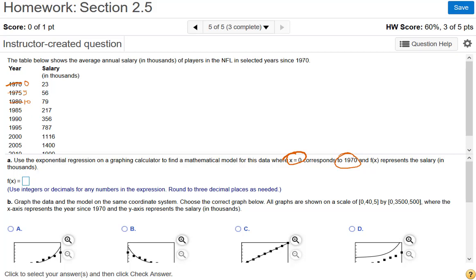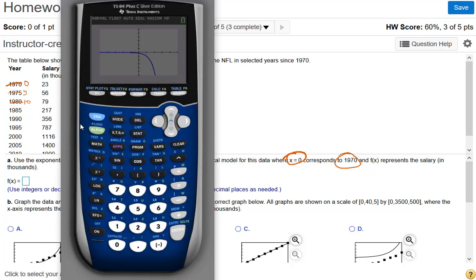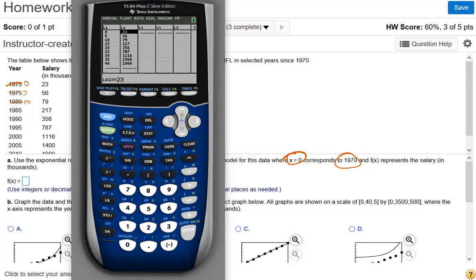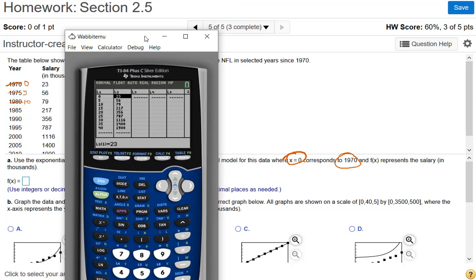We'll enter that into our calculator. So that you don't have to sit and watch me enter all of this, I've already entered that. You would go Stat, Edit, and then enter that information. You see I've already entered that into my calculator, 0, 23, 556, 1079, and so on.